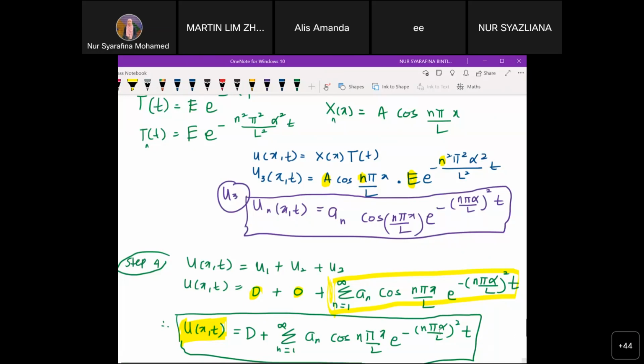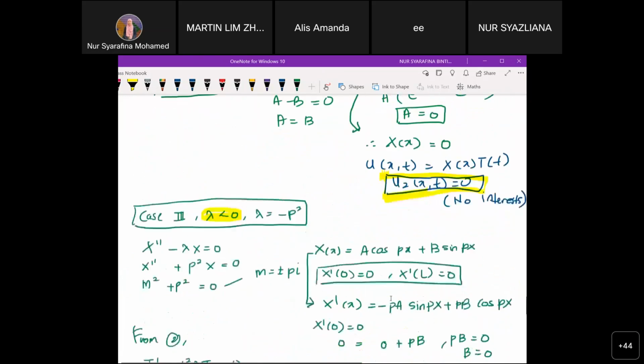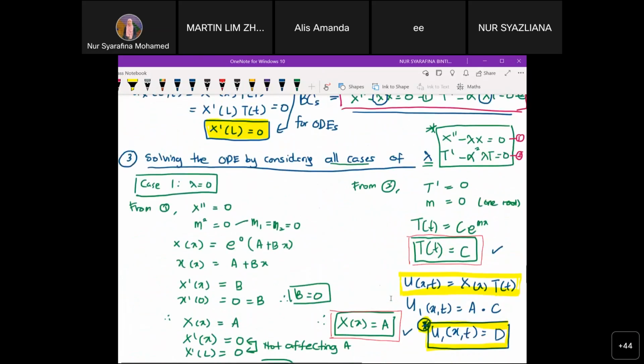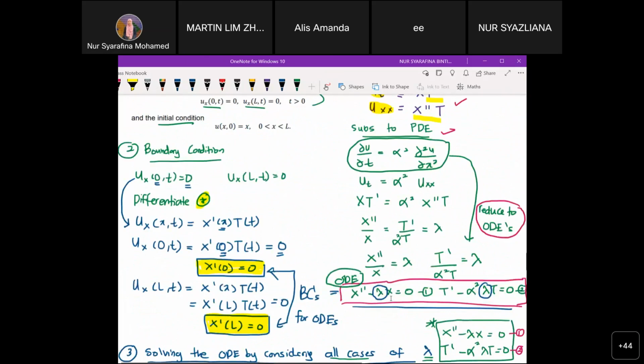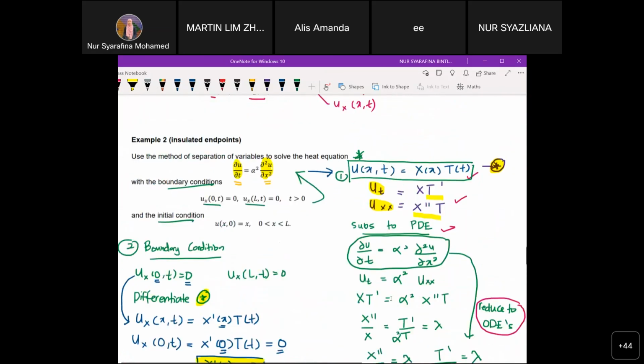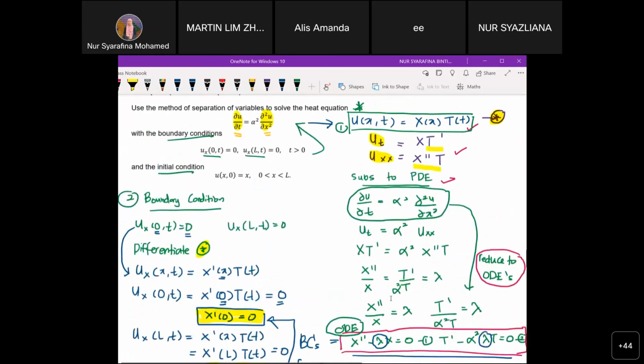Now, of course, we're not finished yet. Not okay? For which part? You do understand the steps, right? Can you follow the steps?